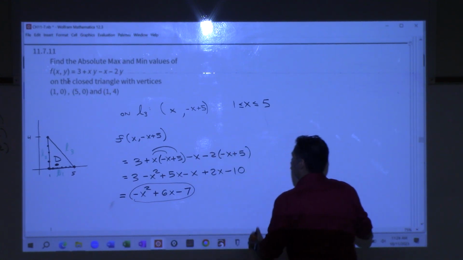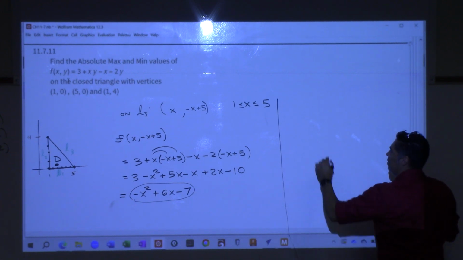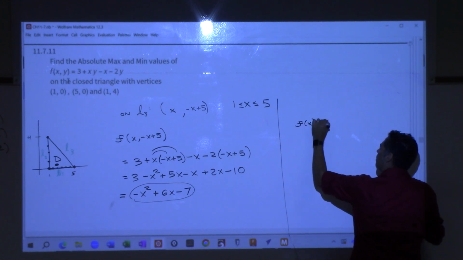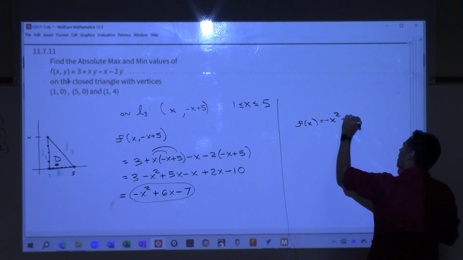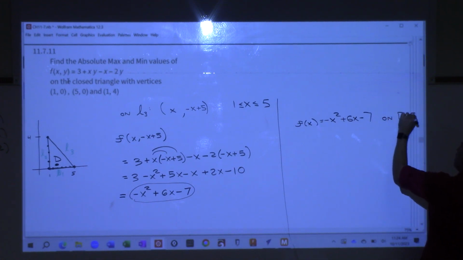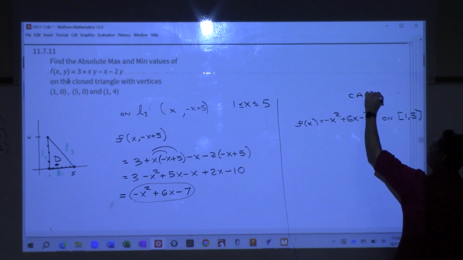I don't know how much you want to act like we're in Cal 1 here, but let's do it. Let's just call that function f of x equals negative x squared plus 6x minus 7, and we're on the interval 1, 5, and let's find the absolute max and min of this. We're back in Cal 1.